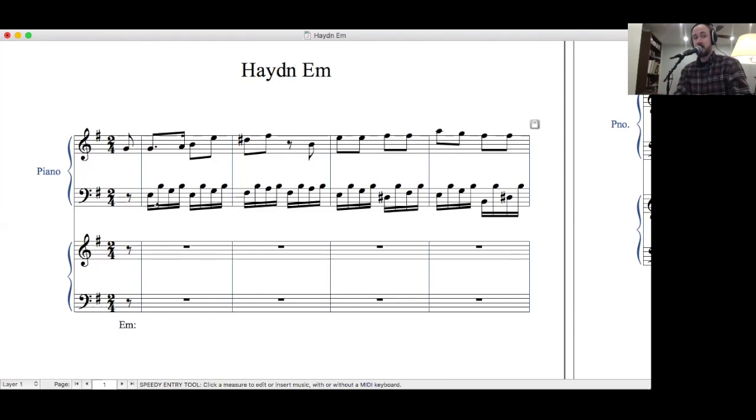E, G, B. So if I put E, G, B like this as a quarter note, that should hopefully look a lot more like a chord that we're familiar with, right? That should look a lot more like something that we could analyze than what we've been looking at before.